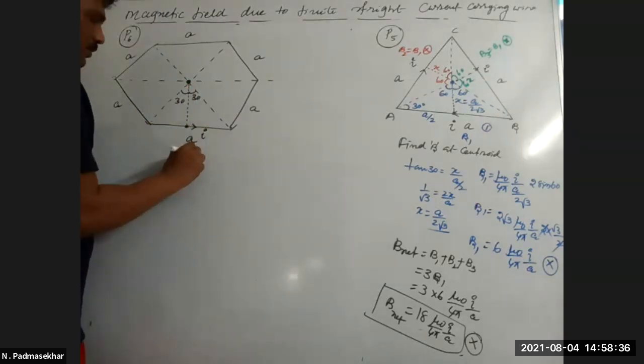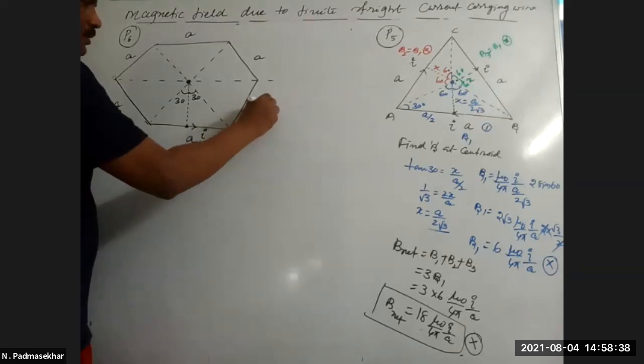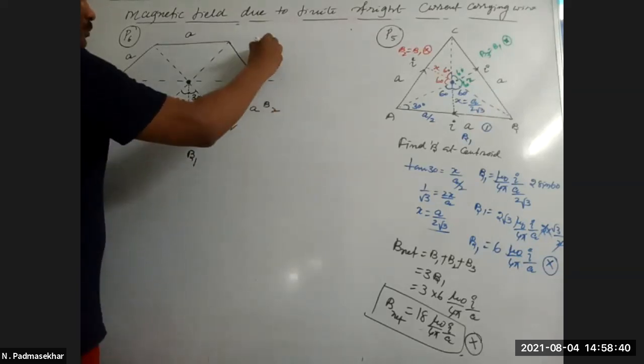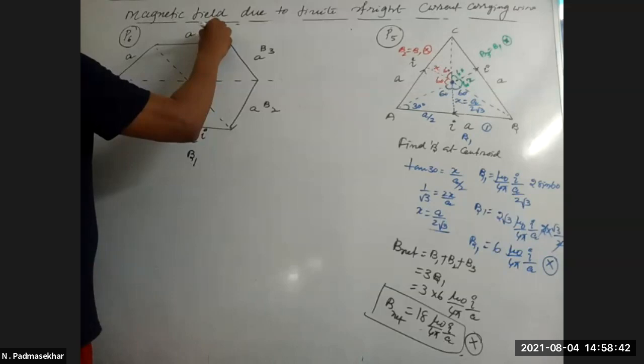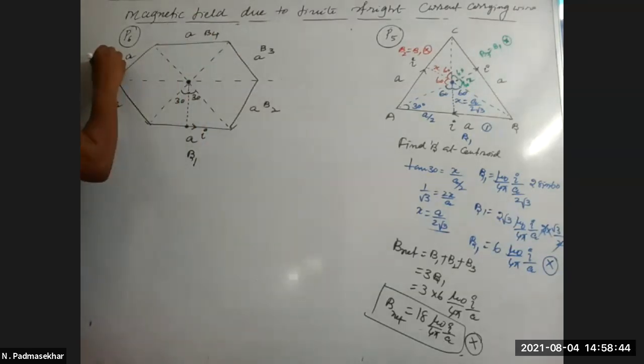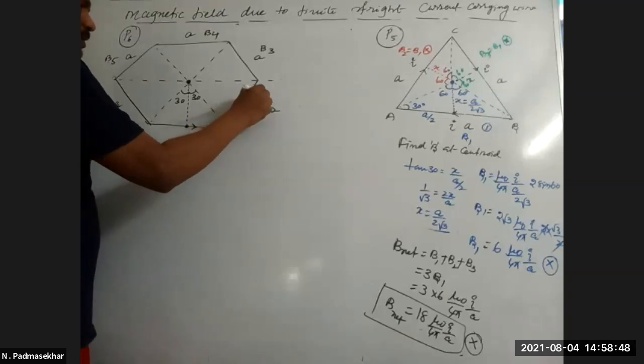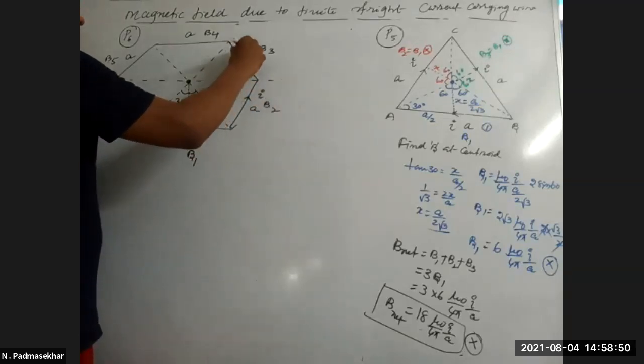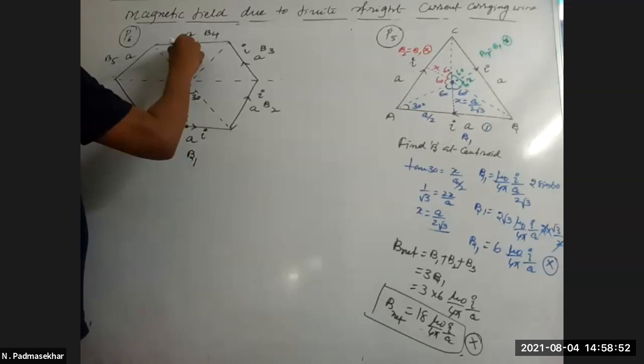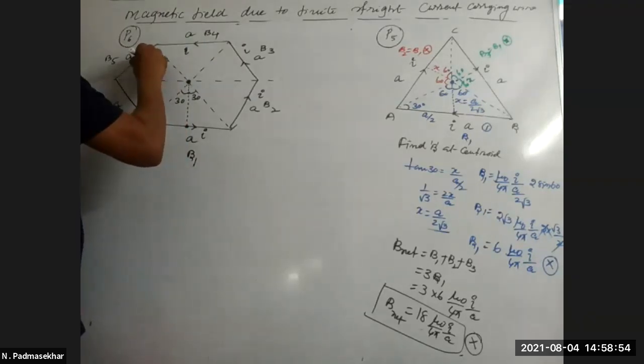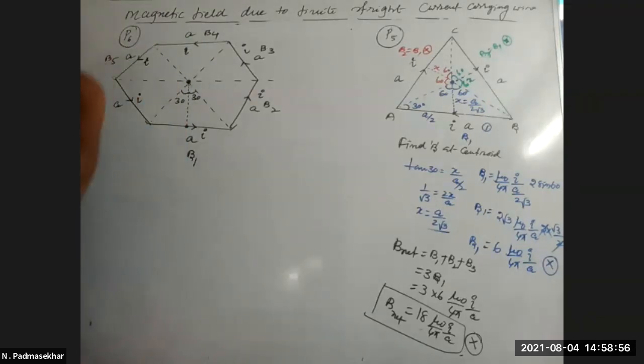This is I. Due to this one, B1, B2, B3, B4, B5, B6. So this is I, I, and I.